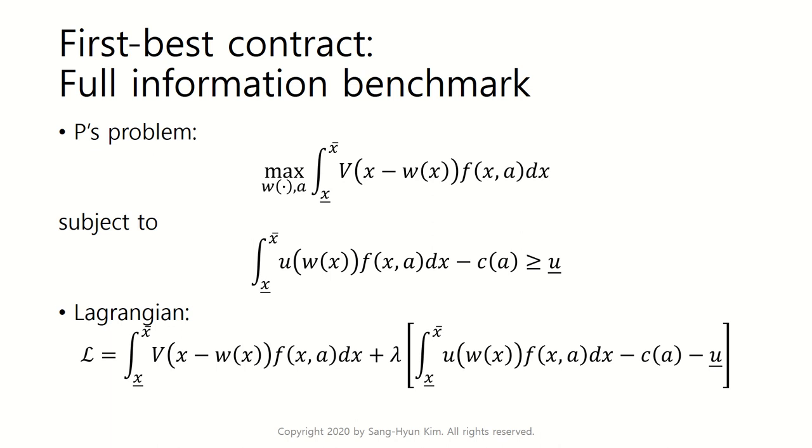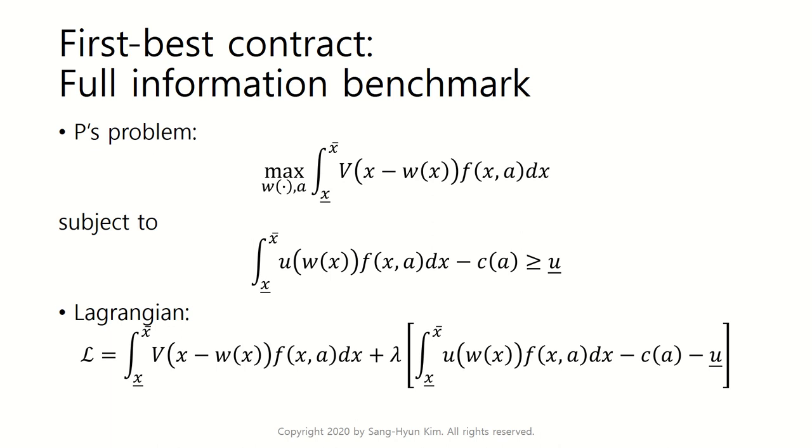So by relaxing the constraint a little bit, how much you can improve the profit of the principal. So that's what this Lagrangian multiplier shows. So that's the meaning of this Lagrangian multiplier. So sometimes we call it shadow price or shadow value.